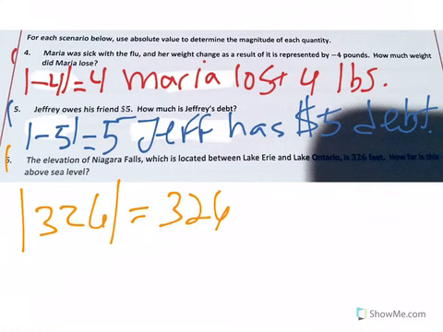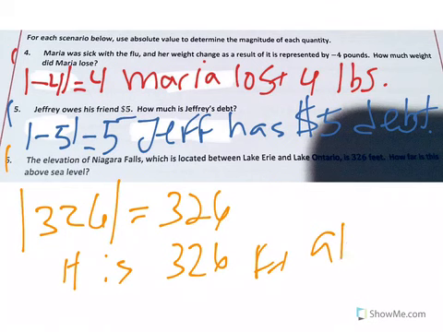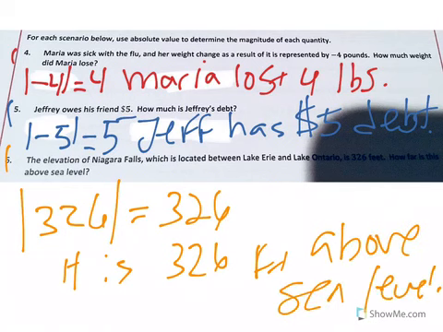So that is the absolute value. And what you could say is, it is 326 feet above sea level. You notice I didn't say it is positive 326 feet above sea level. I just said that it is 326 feet above sea level, right?